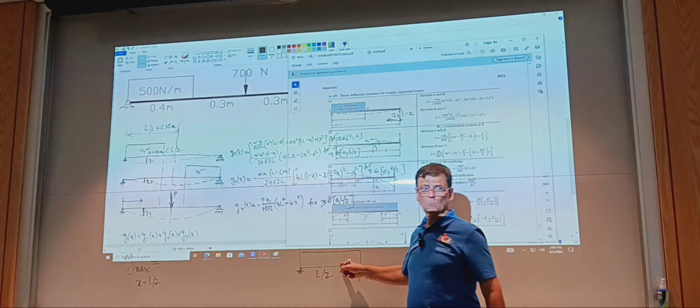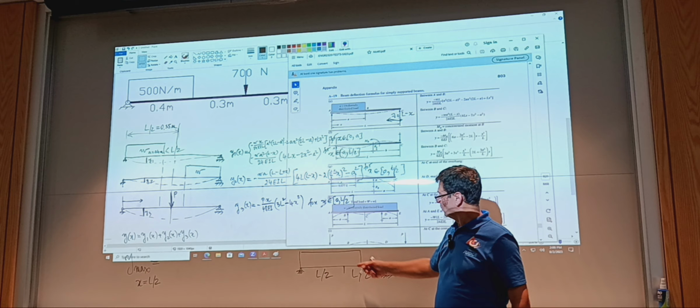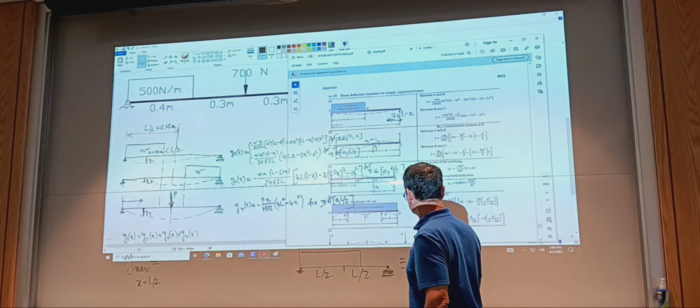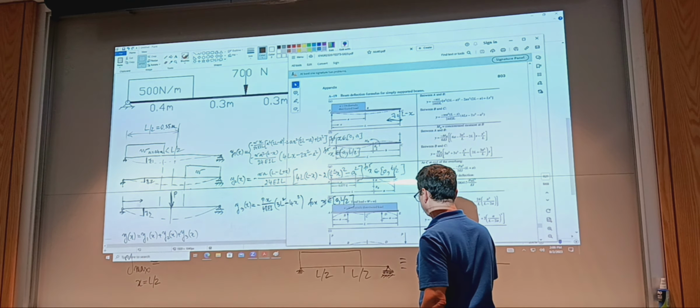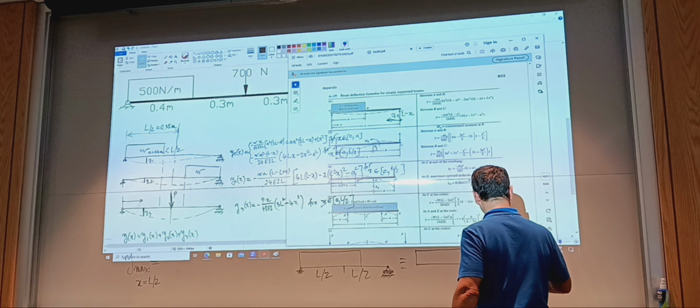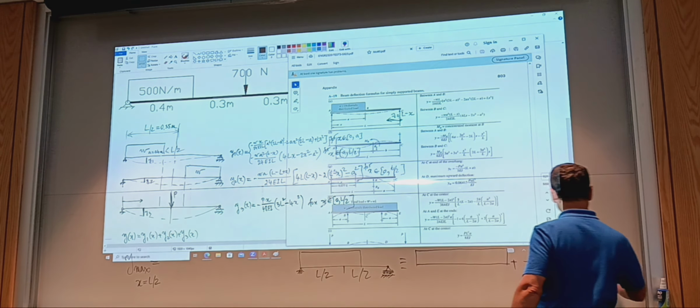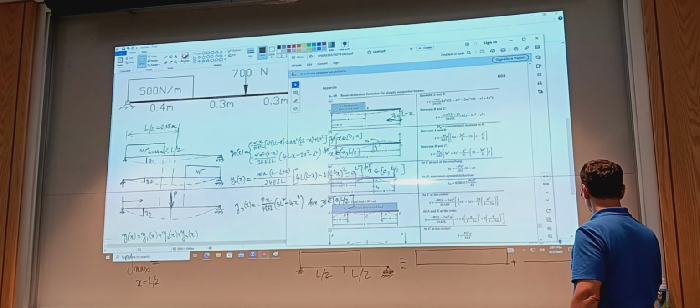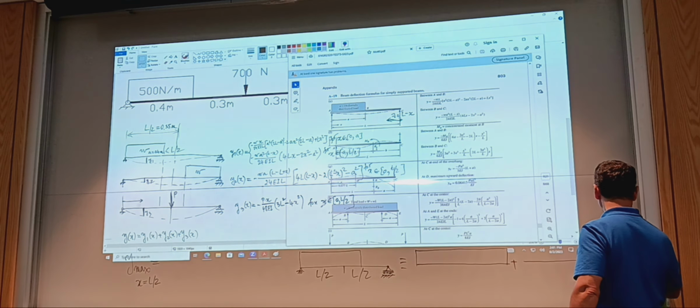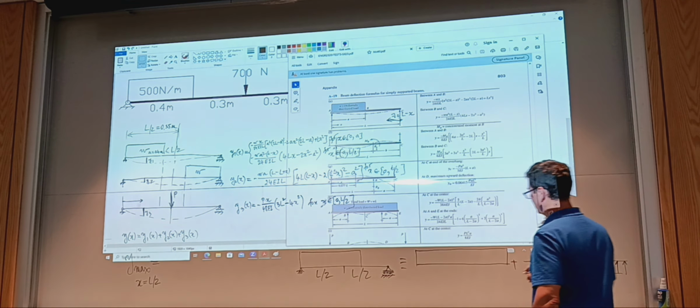then what do we do? Well, you can say this is a distributed load, a full distributed load, plus a distributed load that is negative, or from below. Actually, that makes a positive value.